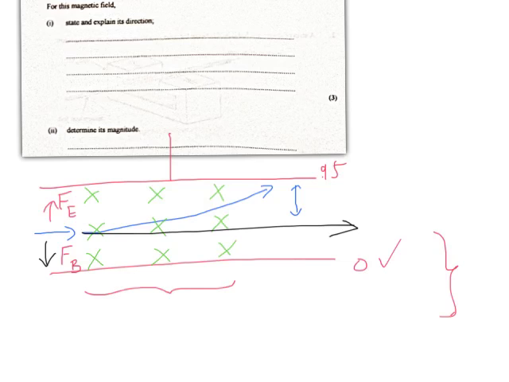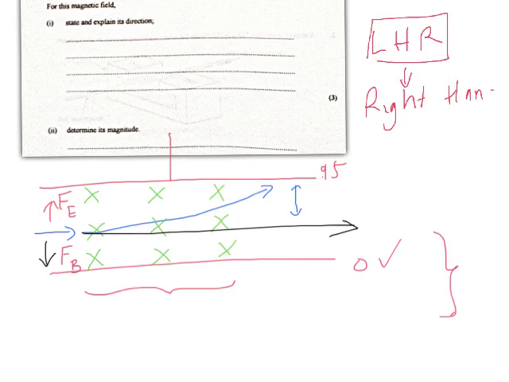For that, you need to use the left-hand rule. But you're going to use the left-hand rule with your right hand. Now, it's important that you don't call this the right-hand rule, even though you're using the left hand, because the right-hand rule is something else. Now, if we work out all the fields, the charge is moving this way, but it's an electron.